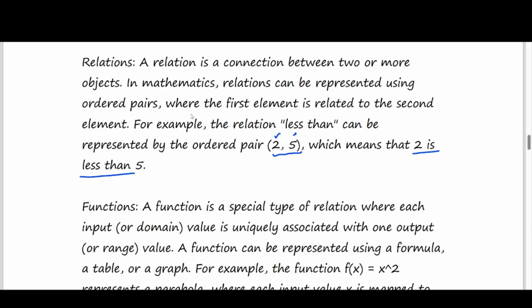So we can make a relation of such a type where the first one is less than the second one. We'll see different types of relations in detail.